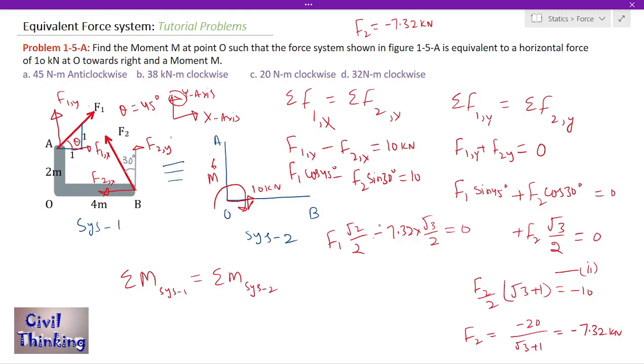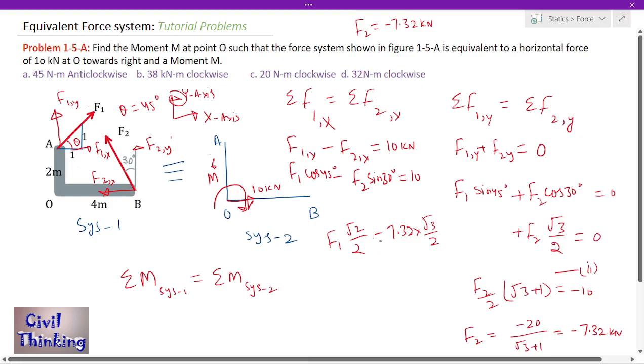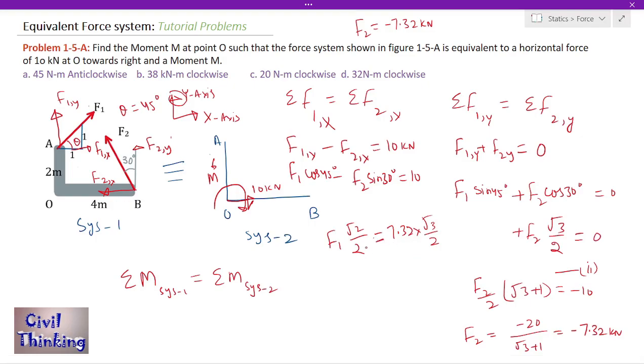Now when you take this to the right side, you will get it is equal to this. Now 2 and 2 will cancel out, so f1 is equal to 7.32 multiplied by square root of 3. Now square root of 2 will come in the denominator, right? Now this is square root of 3 divided by square root of 2. I can write it like this, whole square root of 3 by 2, right? So f1 is 7.32 multiplied by whole square root of 3 divided by 2.